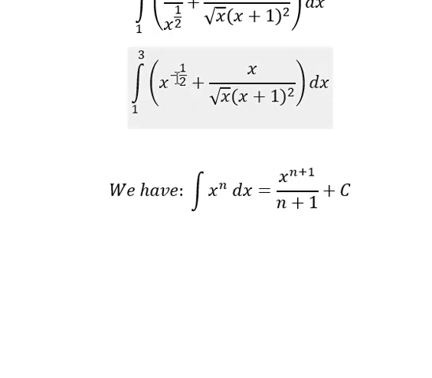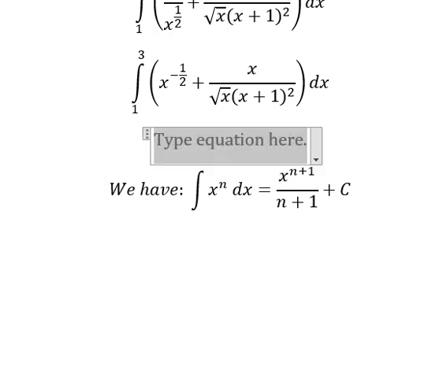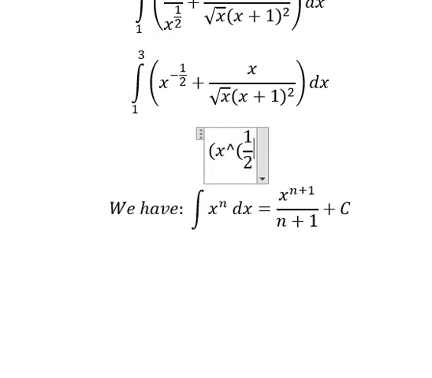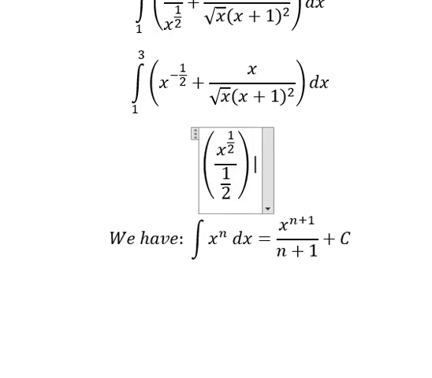So I will put negative 1 over 2 gone here. So negative 1 over 2 plus 1, we have positive 1 over 2 over 1 over 2. And we put the bounds from number 1 to number 3.